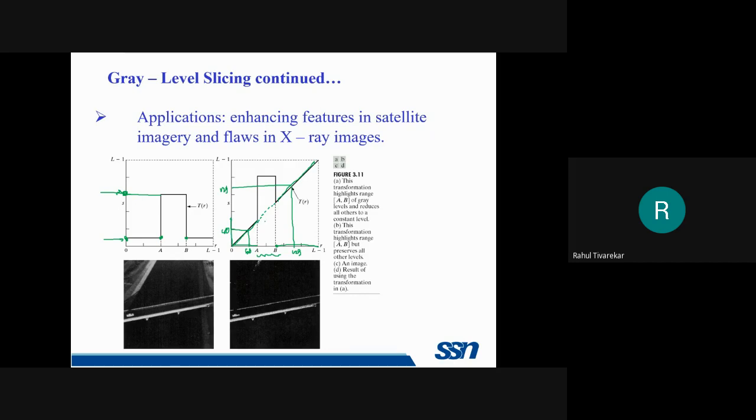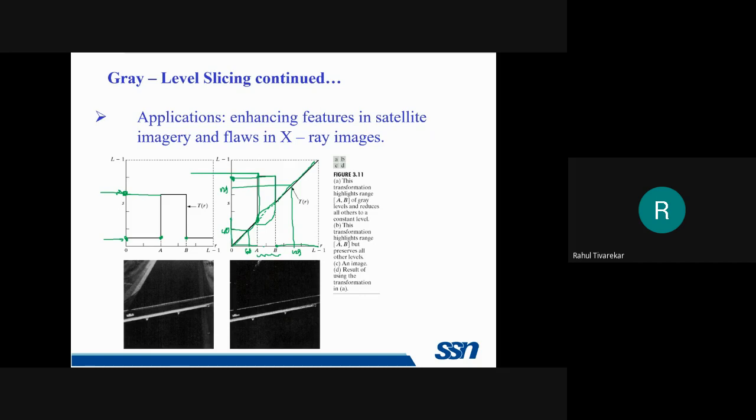But I don't want to have the same image. What I want is all the pixels in between A and B to be highlighted. So that's why I take this slice and I convert those pixels to the high intensity. And as you can see, the output intensities will be this for all pixels between A and B.